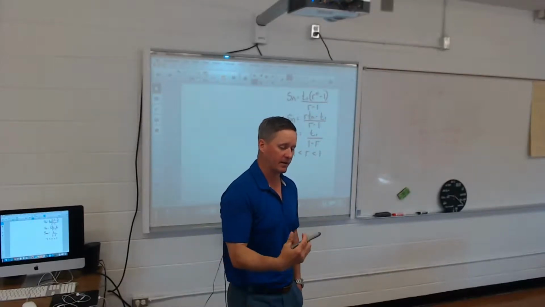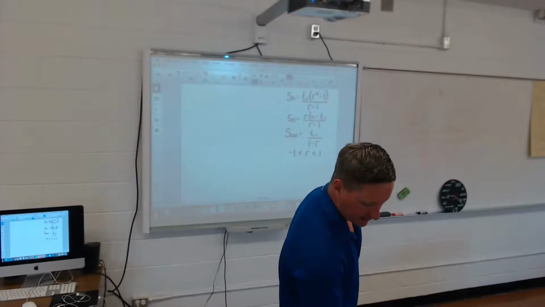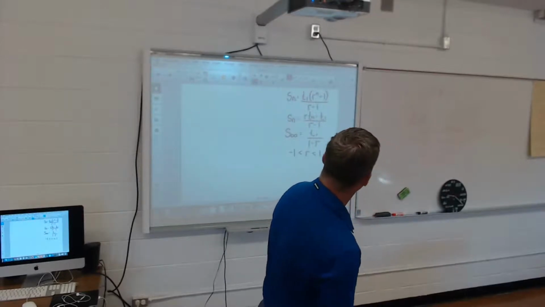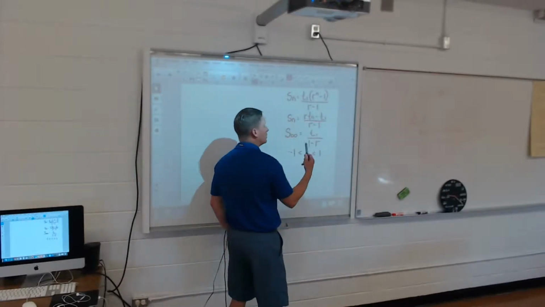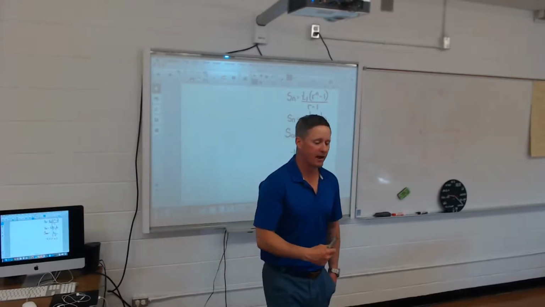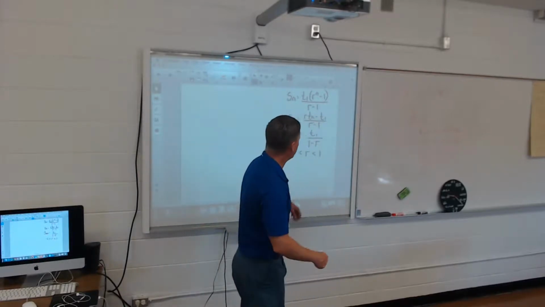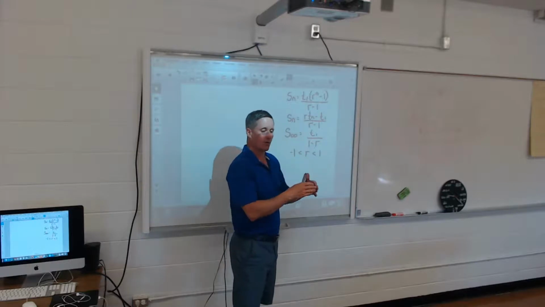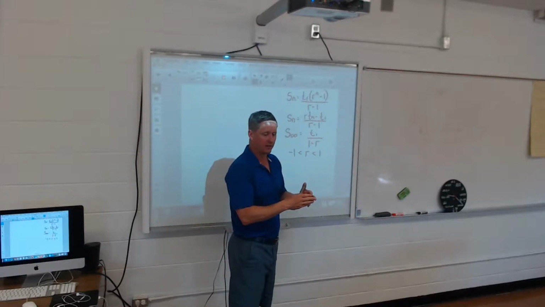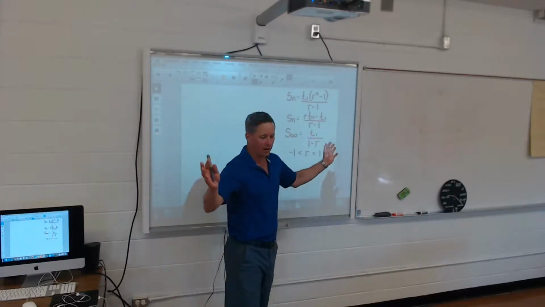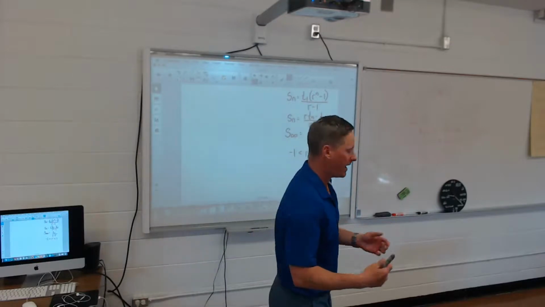It doesn't matter. Remember when we talked about this, we used two words, convergent and divergent. Convergent means that it's coming towards one particular value. Divergent means it's going away and keeps getting bigger forever.